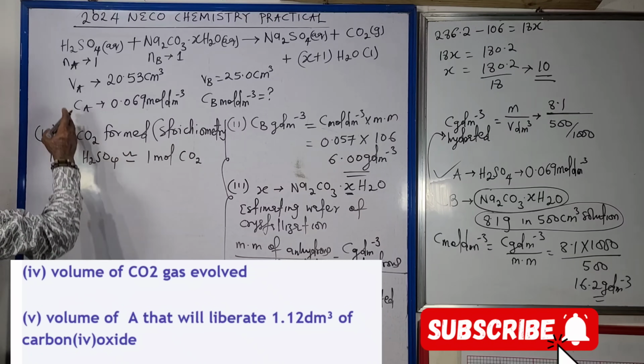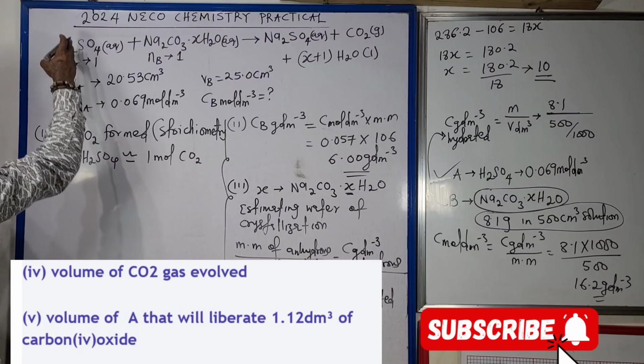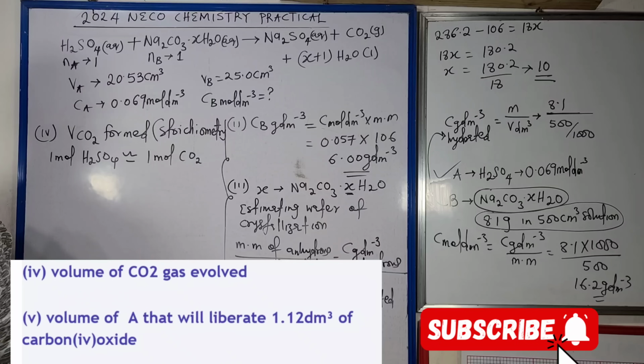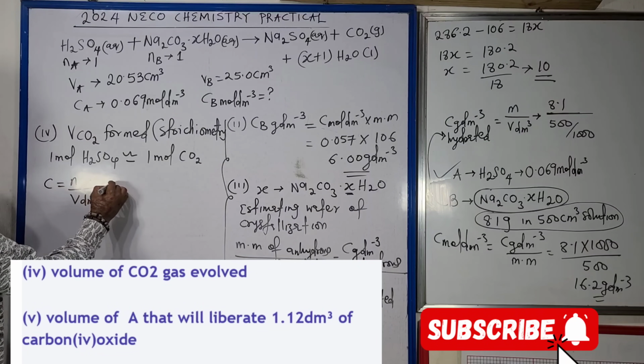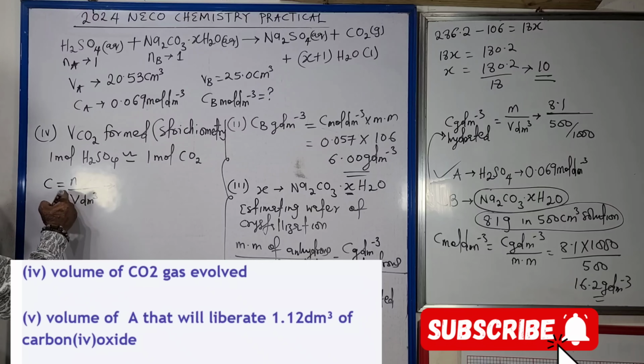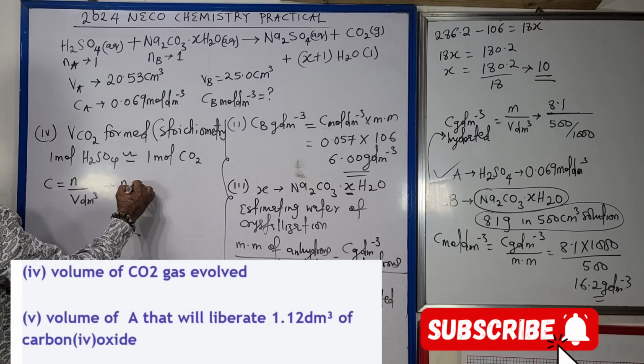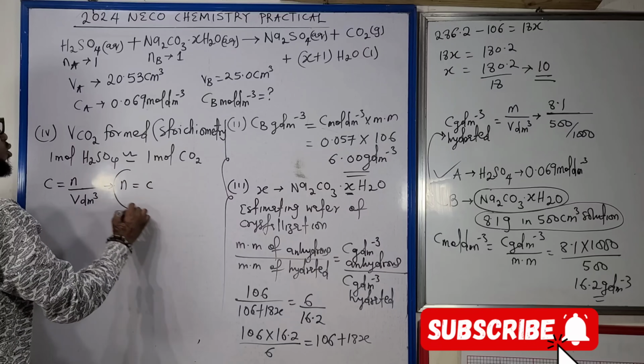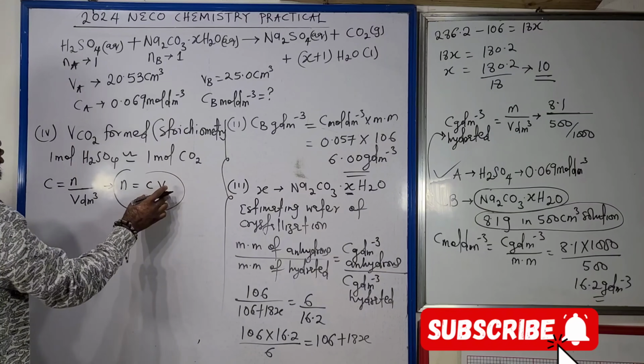Now the implication of that here is, what is the mole of this H2SO4 here? Normally, concentration equals number of moles divided by volume, so volume in dm cube, mind you. So the number of mole will be concentration times volume, but the volume will be in dm cube.